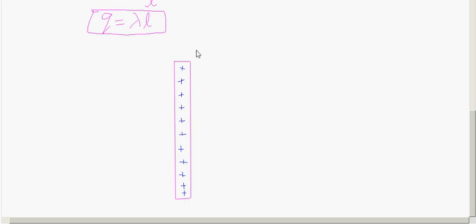So we need to find out the electric field intensity at a distance r from it.